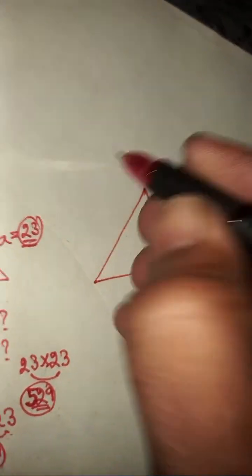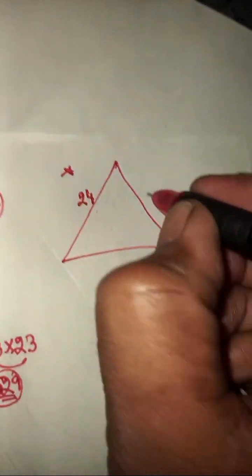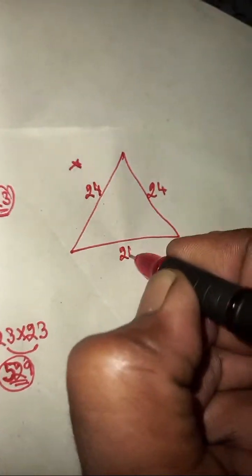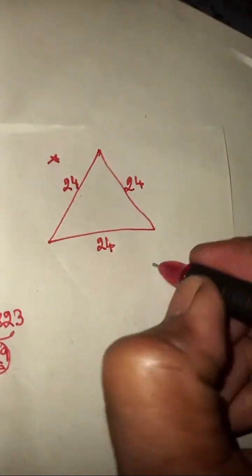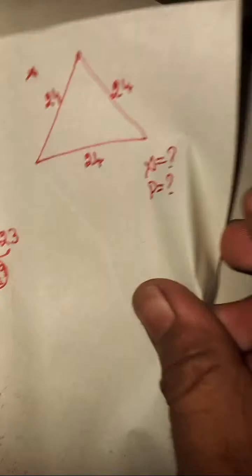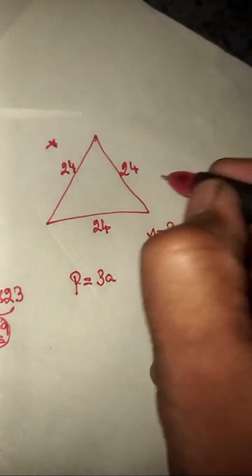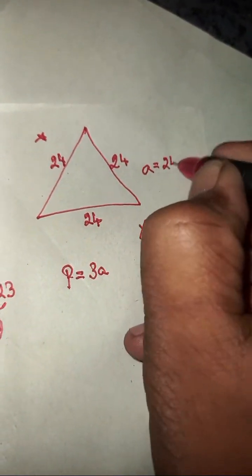In this triangle, they have given all sides equal to 24 units. When all sides are equal to 24 units, find out what's the area and what's the perimeter. Perimeter is 3 times the side length. Side length is 24 units.